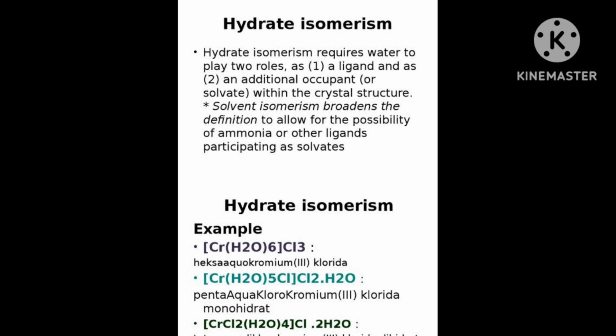This is in the square bracket, outside Cl2 is the counter ion. Jorgensen actually observed this behavior in this compound, cobalt NH3 whole 5 NO2, and outside is Cl2.